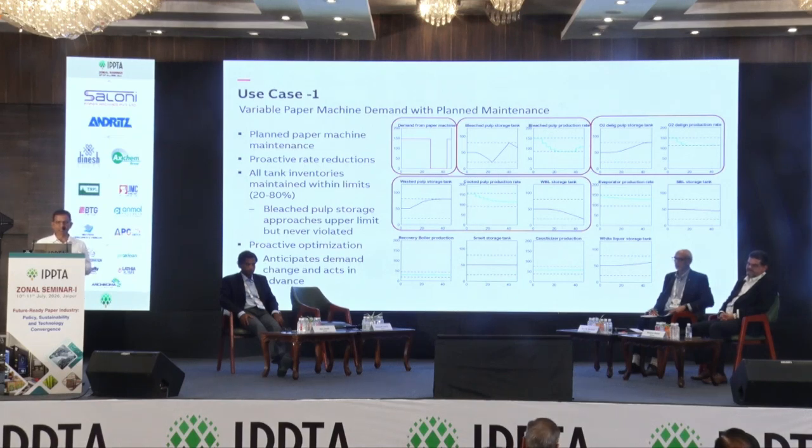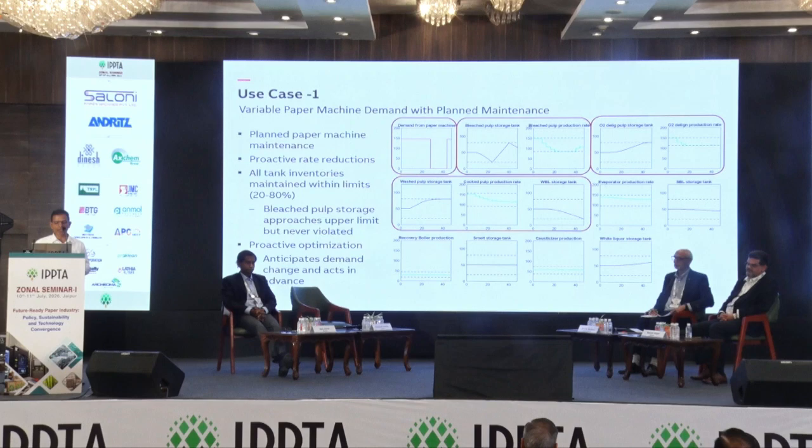So one can notice here that to address a planned maintenance activity in the paper section, which is going to happen around 28 hours of this simulation, it is reducing the production rates in sync quite a few hours before, right from the cooking section onwards, to ensure that the inventory levels do not go beyond the upper limit or below the lower limit.